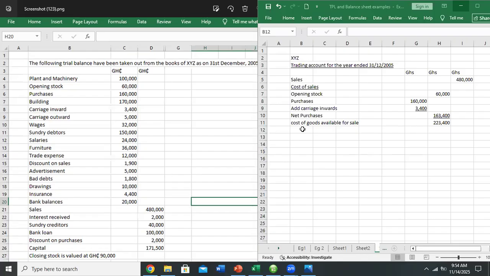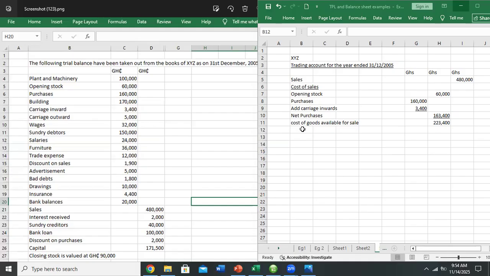I'll give you a little overview of the profit and loss account. The expenses that go there can be categorized into administrative expenses, selling and distribution expenses, and financial charges or finance costs.